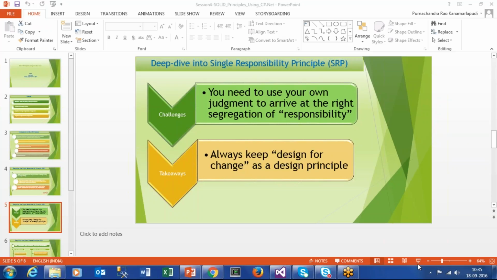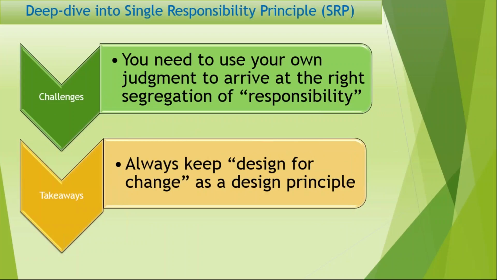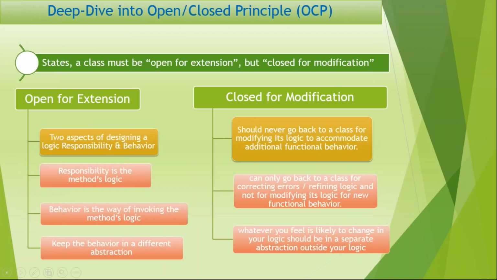Let's get into the next principle, that is the open closed principle. Guys, all these principles, single responsibility, open closed, and all the other three principles should go hand in hand. All your classes or components should adhere to all these principles together.